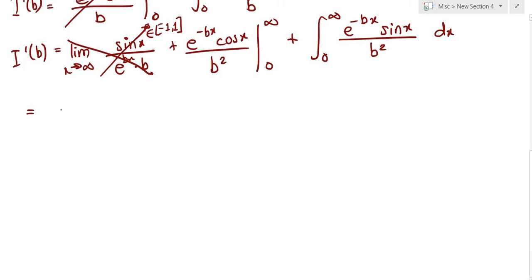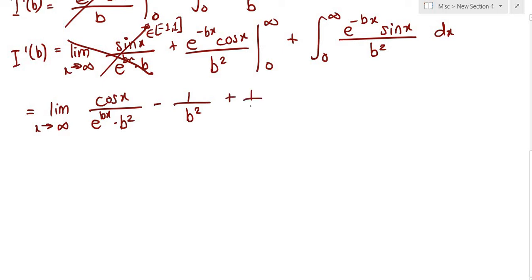Over here now we have the limit as x goes to infinity of cosine of x divided by e raised to bx times b squared, minus, when I plug in x as 0, I have cosine of 0, which is 1, and e raised to 0, which is also 1. So we have 1 over b squared with a negative sign up front.